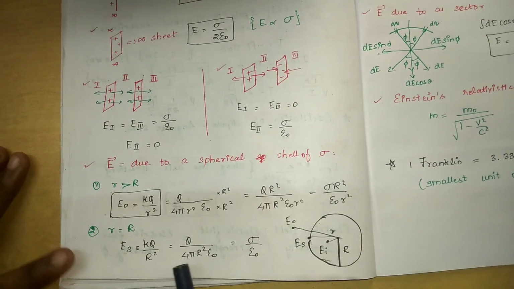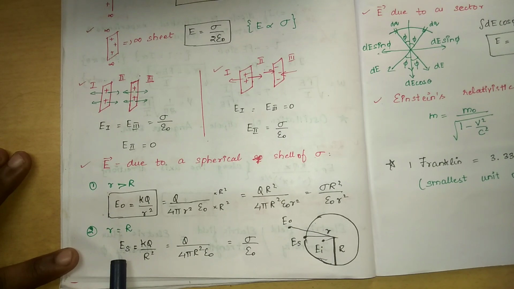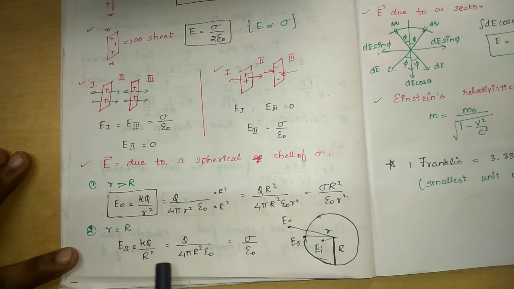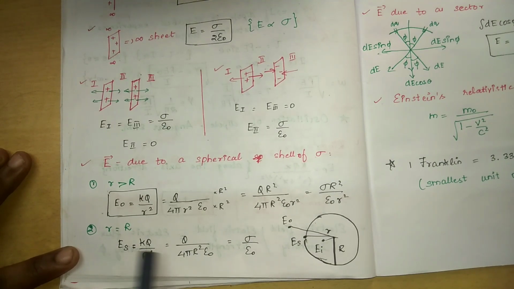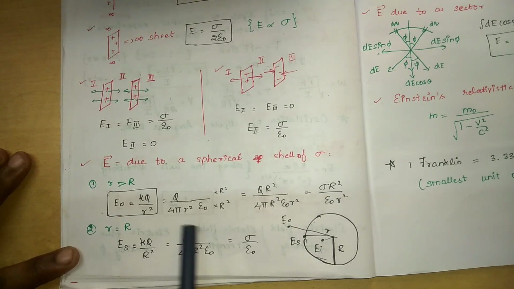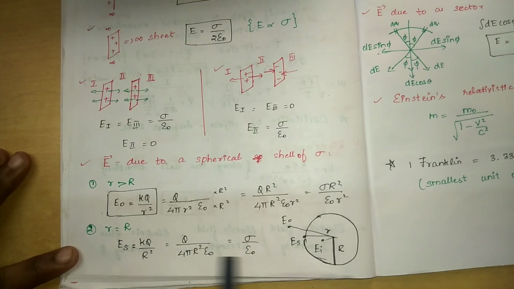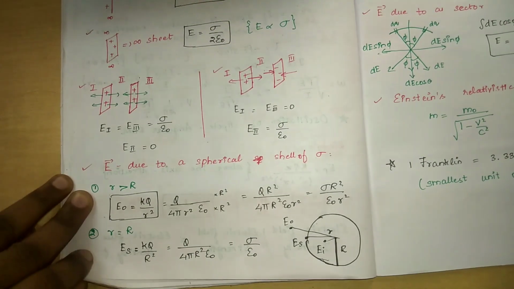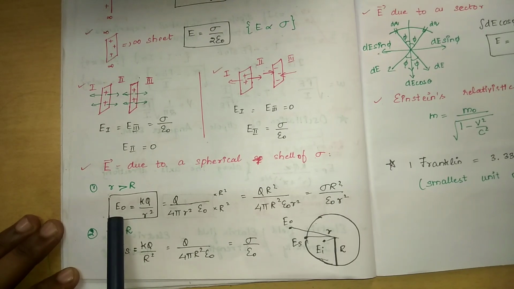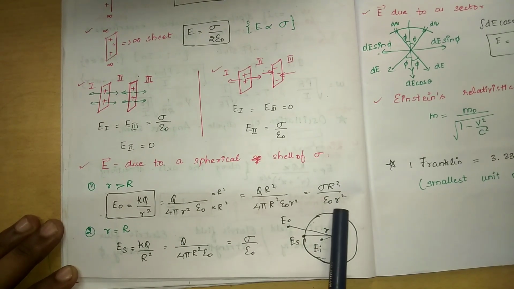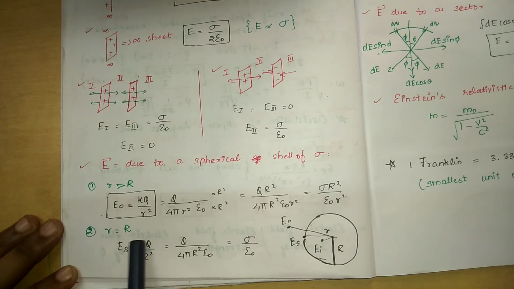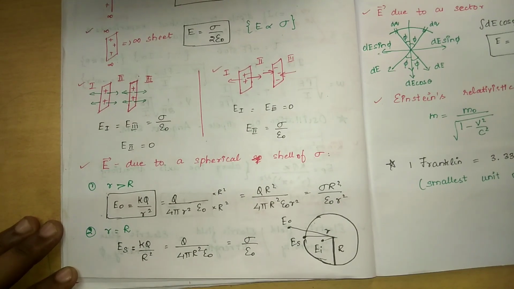For the surface electric field, for r we have the radius of the shell, which is capital R square. If you apply the k value 1 by 4 pi epsilon naught, you can directly get sigma divided by only epsilon naught. Next, this outside electric field is inversely proportional to r square. It does not depend on that.